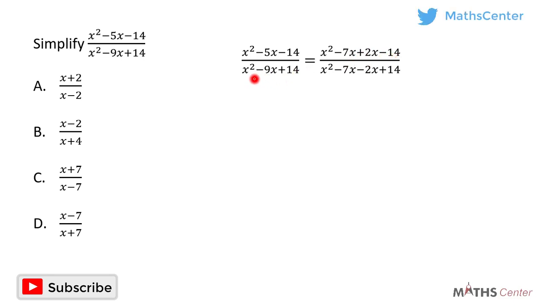We will do the same thing on the denominator. The coefficient of x squared is 1. So we use 1 to multiply 14. 1 times 14 will give us 14. So we are looking for two numbers that when you multiply, you get 14, but when you add them, you are going to get negative 9. And those two numbers are negative 7 and negative 2.